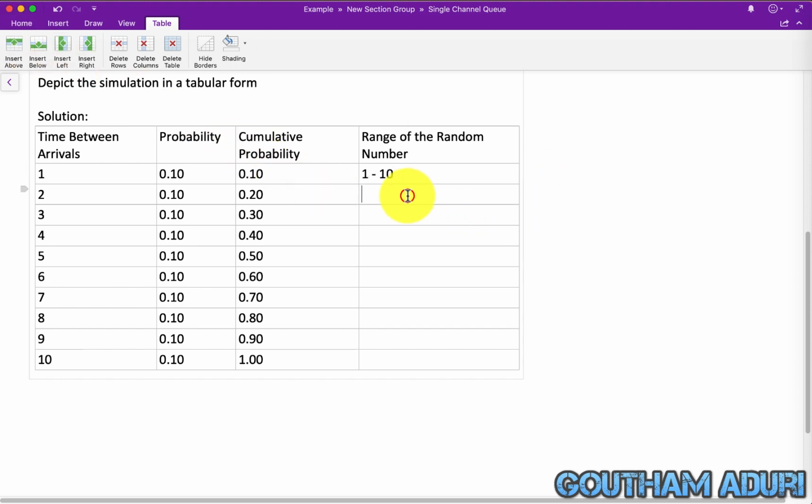The next number that starts is 11, because the cumulative probability is 10; the next range starts after the ending of the previous one. So 11 to 20, because the cumulative probability is 20, then 21 to 30, 31 to 40, 41 to 50, 51 to 60, 61 to 70, 71 to 80, 81 to 90, 91 to 100.